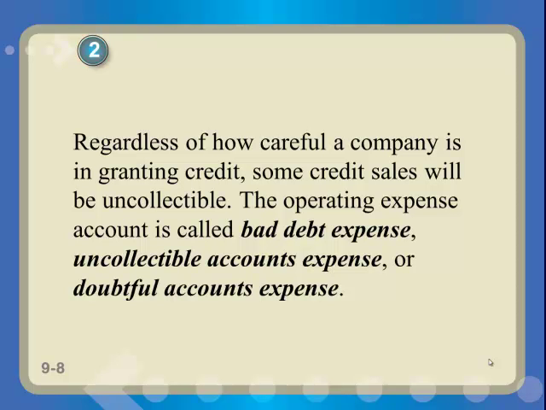Would it increase with a debit or a credit? Debit. Okay, so it's going to increase with a debit. We also could call it uncollectible accounts or doubtful accounts. I call it bad debt expense just because that's easier to say. They're the same thing, though. Different businesses may have different names for it, but we're going to call it bad debt expense.